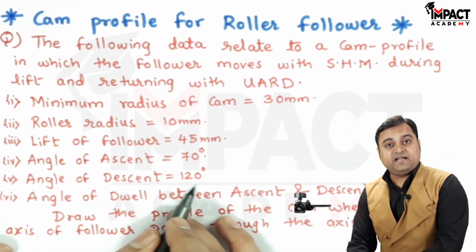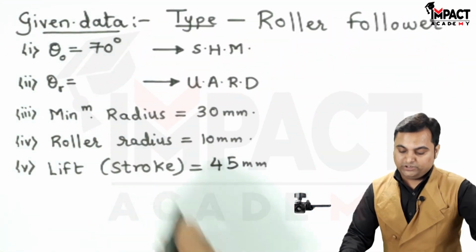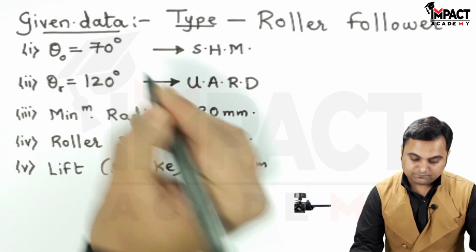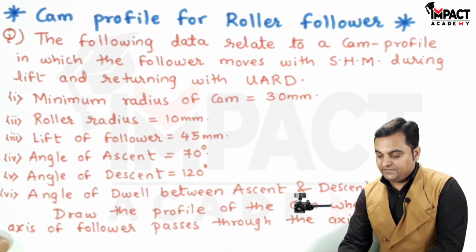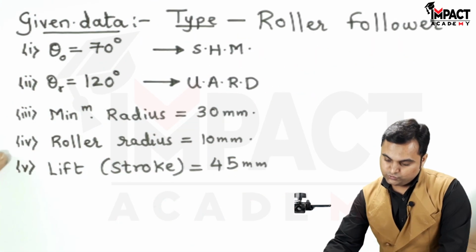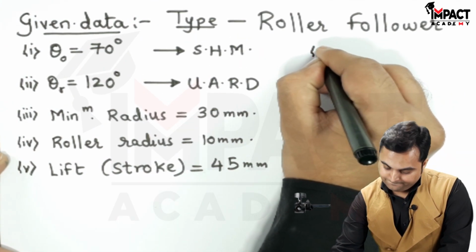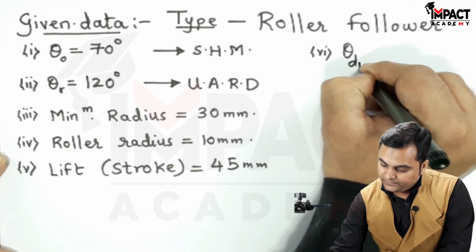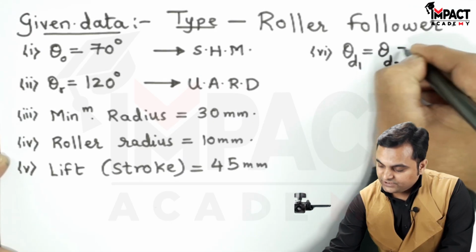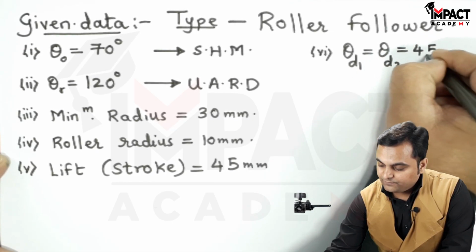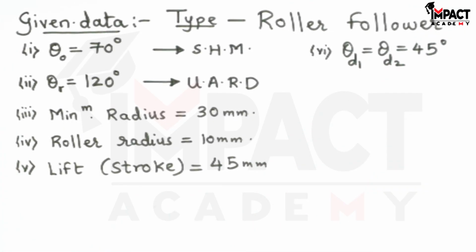The angle of descent is the angle of fall or return stroke, 120 degrees with UARD. The angle of dwell between ascent and descent is 45 degrees. So theta d1, the first dwell, is equal to theta d2, the second dwell, and both are 45 degrees.